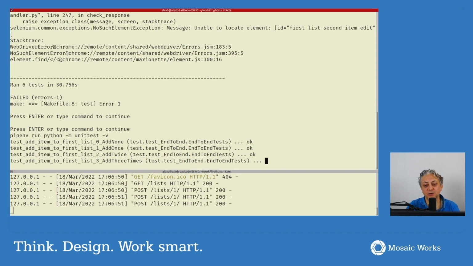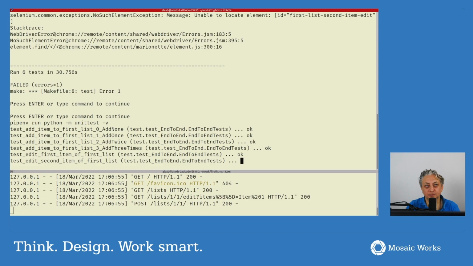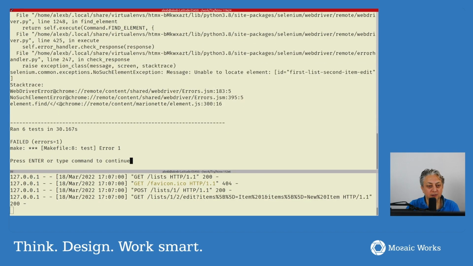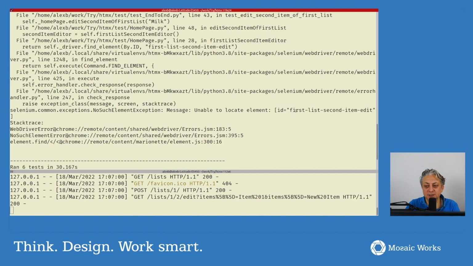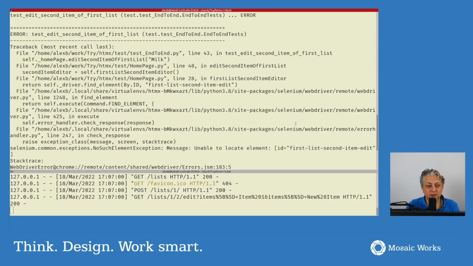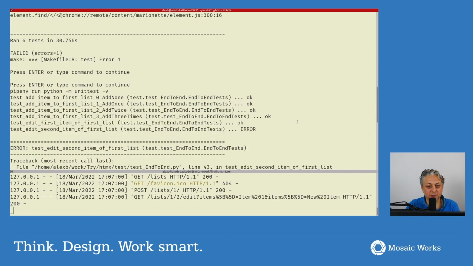I've only added new behavior. So let's see. All right, so we don't locate first list, second item edit. This is still a problem.